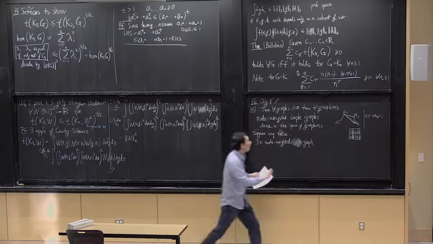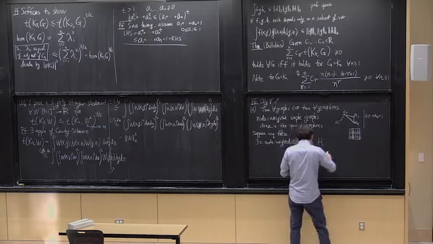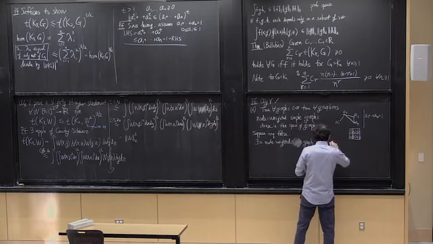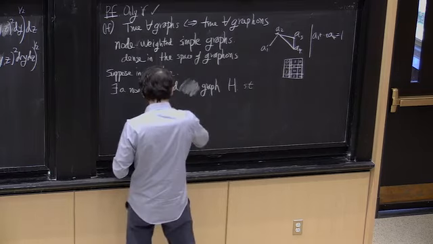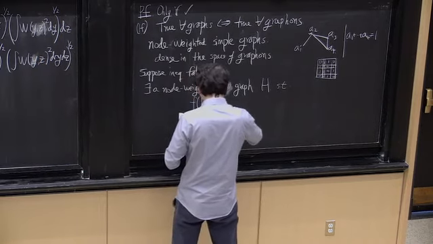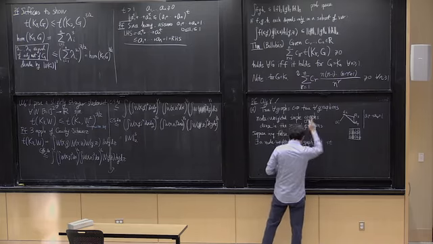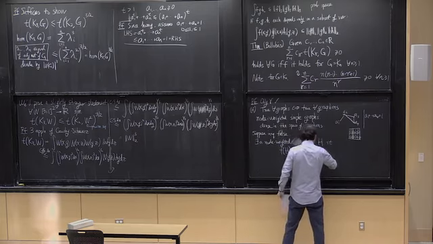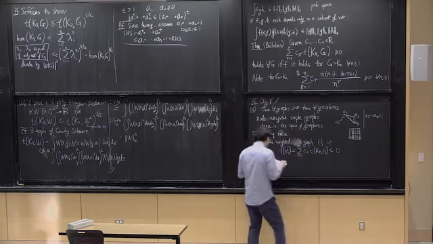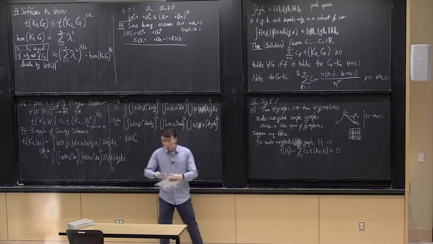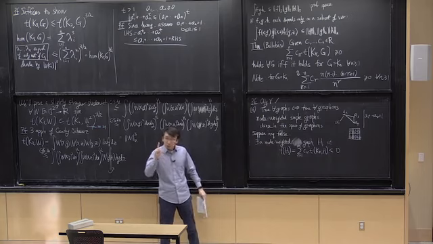So a node-weighted graph H such that f of H, being the above sum, is less than 0. And there could be, of course, many possibilities for such an H, but let me choose one.